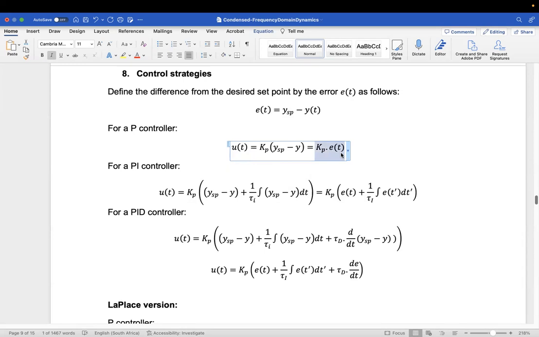which is the same as proportional to the error itself. Then we could say, well, in a proportional controller, unfortunately, what might happen is as we get closer and closer to the set point, in other words, as the error gets smaller and smaller, then we are taking less and less action. And so we might never actually get onto the desired set point.